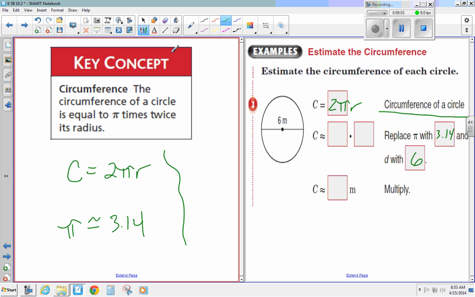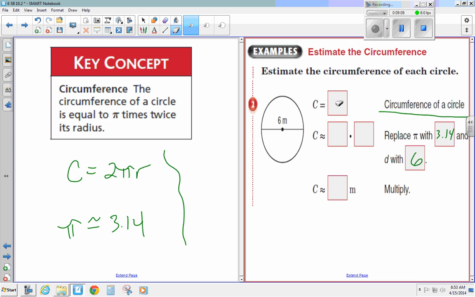So I got a little bit ahead of myself. Find the circumference. Now, circumference is either 2 pi r or pi d. So, what are we given? 6 meters is from one end of the circle to the other end of the circle going through the center.